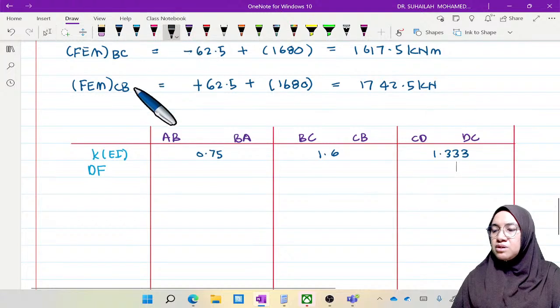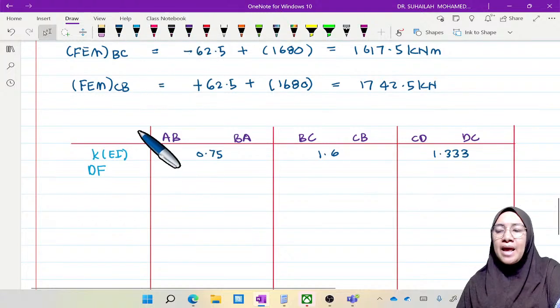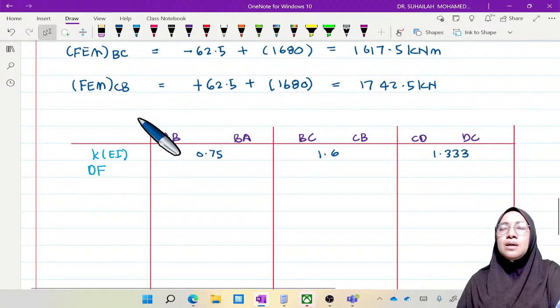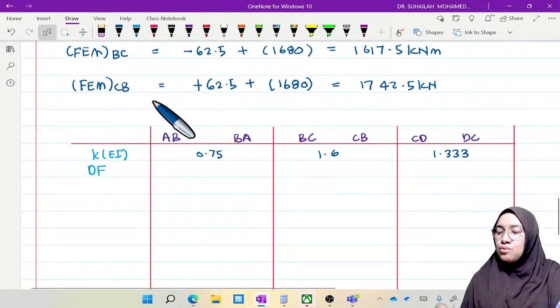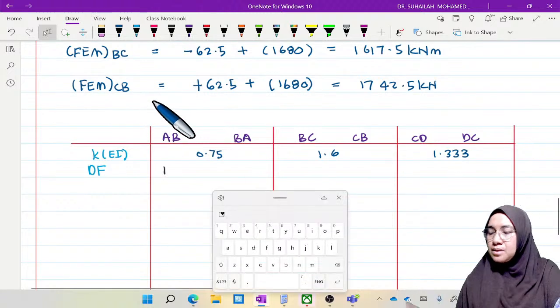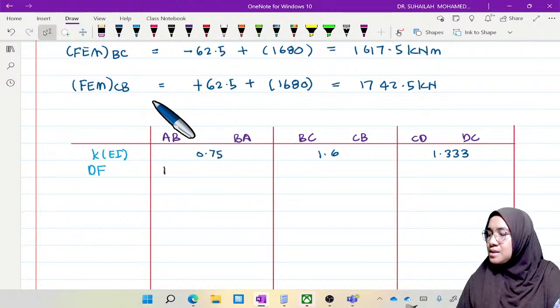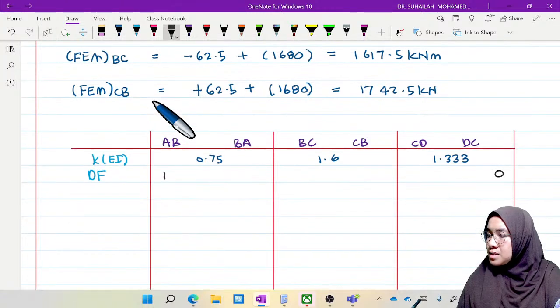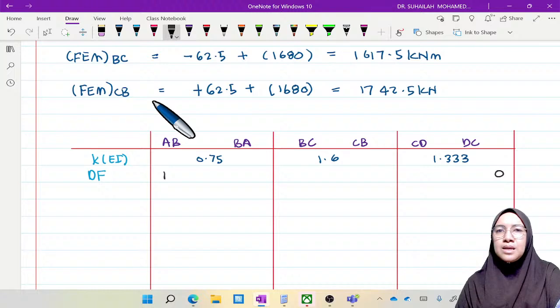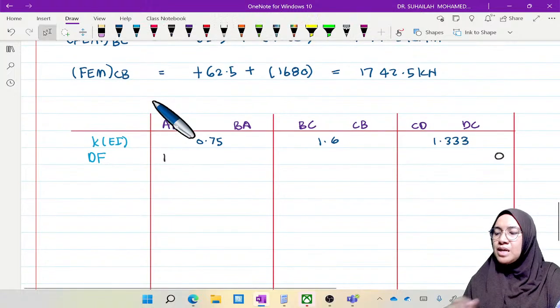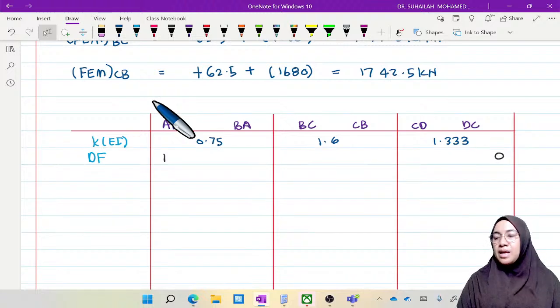For the distribution factor, remember that A is a pin, and for a pin the DF is 1. D is fixed, and the distribution factor for a fixed end is 0. Then we need to calculate the distribution factor for each member, starting with BA.